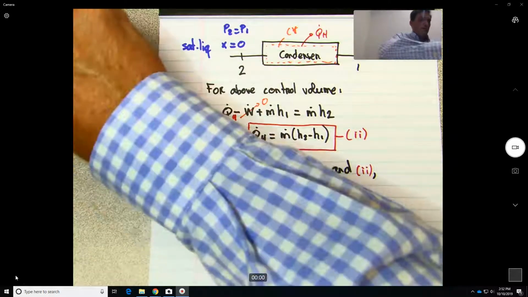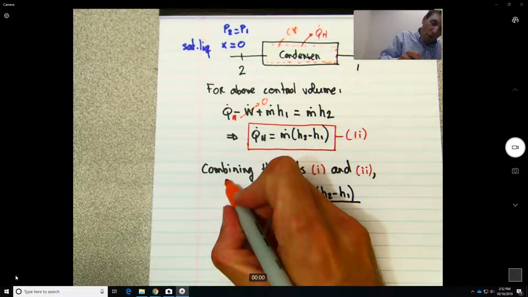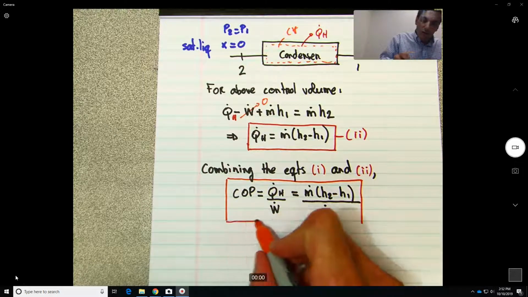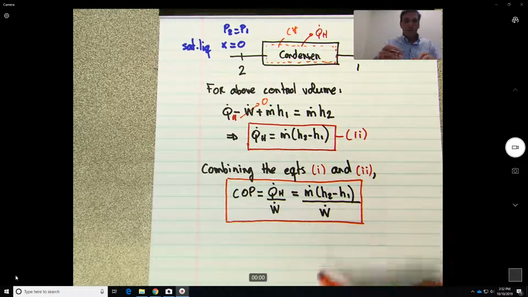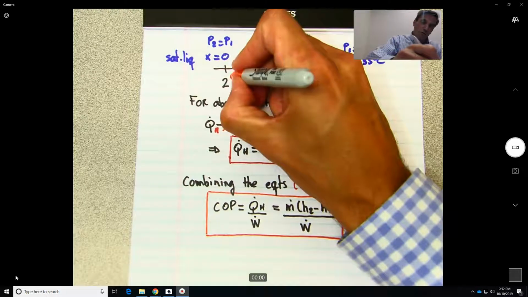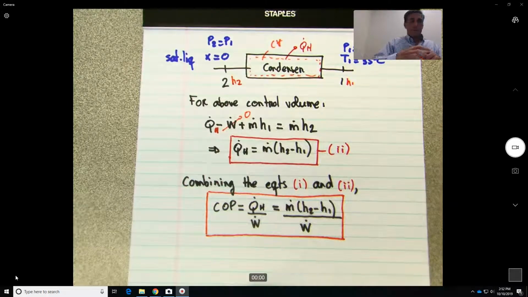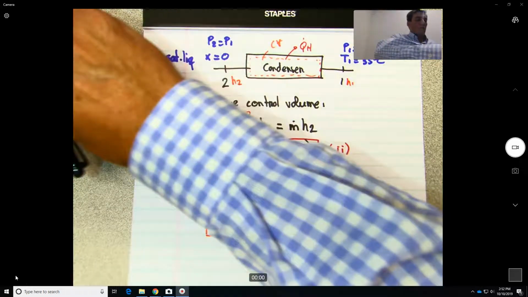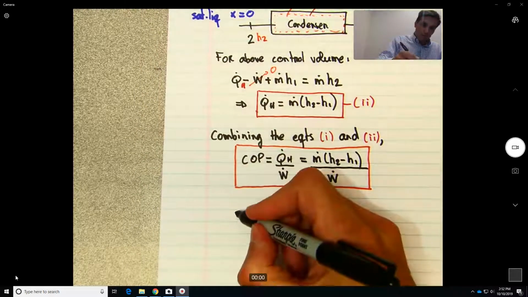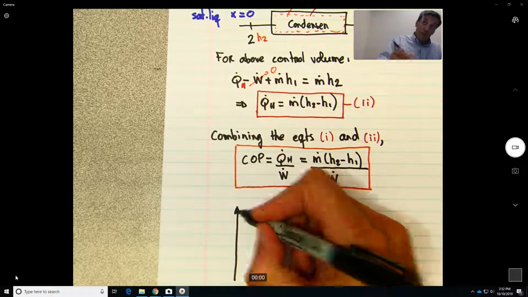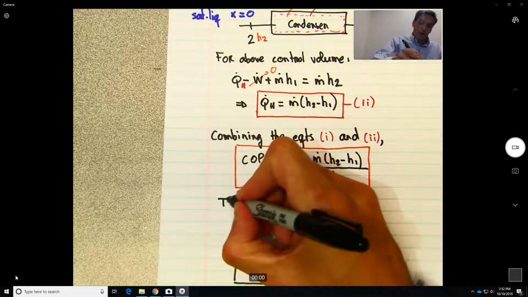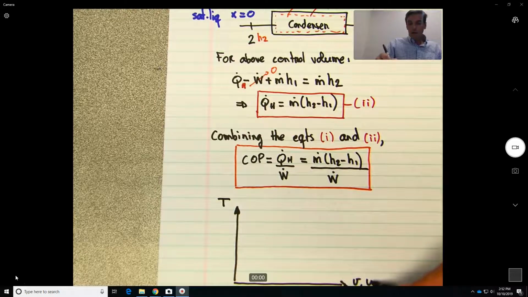So I think that's basically all the problem, but now we need to go and find the correct values in the table. So we need to find H1, that will be over here. We need to find H2. So in order to know to which table to go, maybe let us do here a little figure. So let's say, since we use constant pressure, let's do a T, V, or U over here.